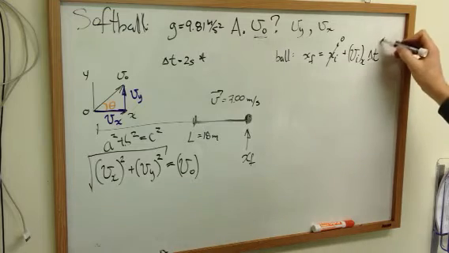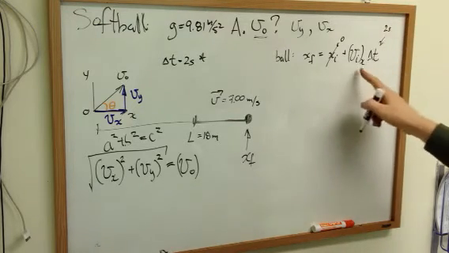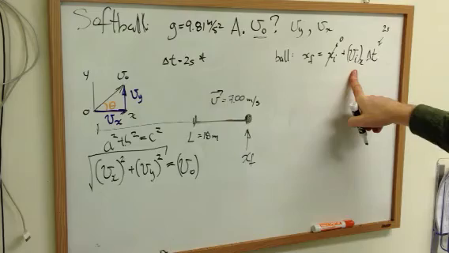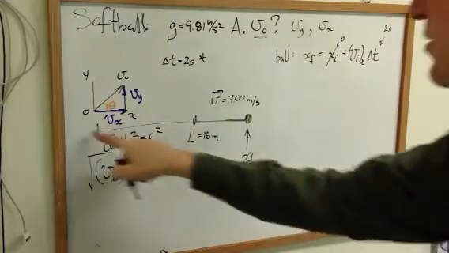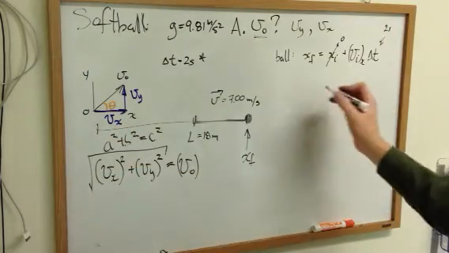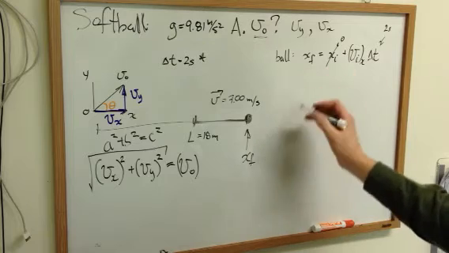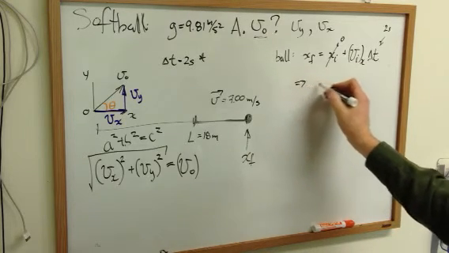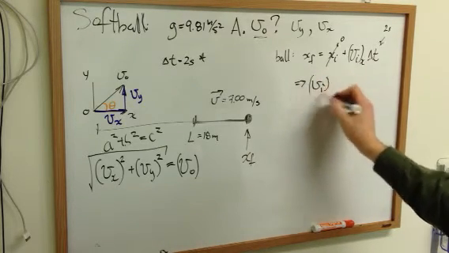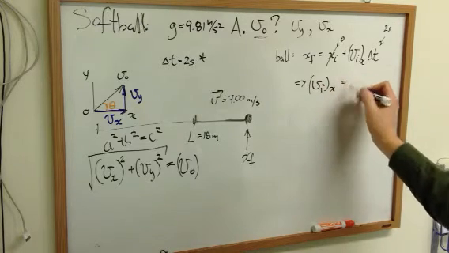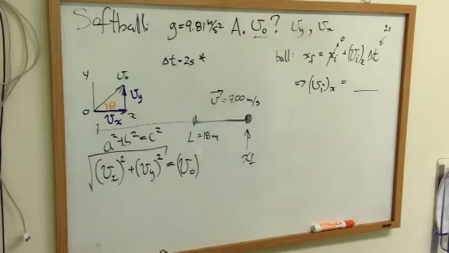We know the time. It's 2 seconds in my case. We don't know this initial horizontal velocity, but we do know this final position. We just calculated it. So we can now calculate the velocity in the horizontal direction that the ball was traveling.